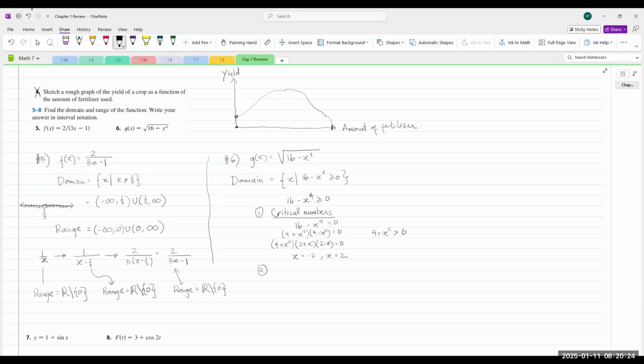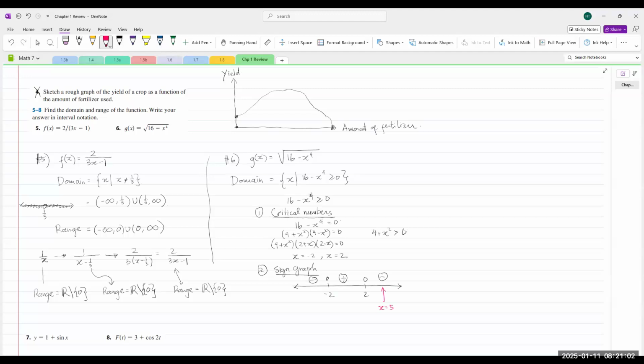And then we do the sign graph. At -2 and 2, the polynomial 16 minus x to the 4th will be 0, right? And then when x equals 0, that will be positive. When x is greater than 2, that will be negative. When x is less than -2, that will be negative. You can just try picking a testing point. Let's say you pick x equals 5.